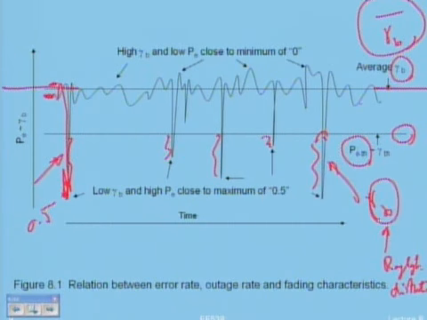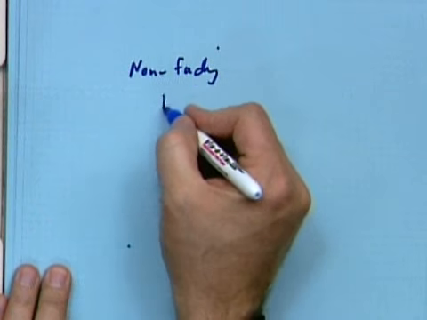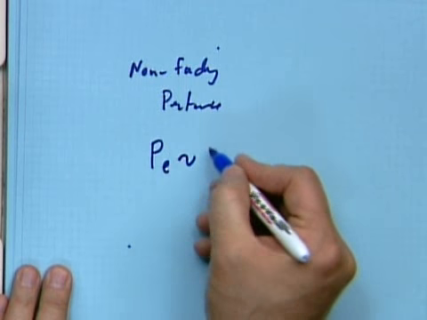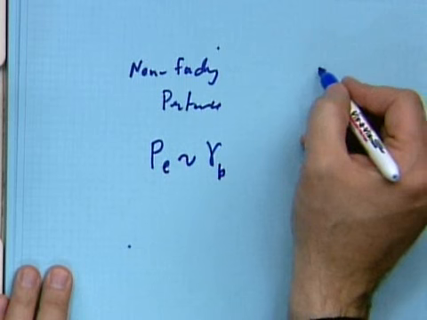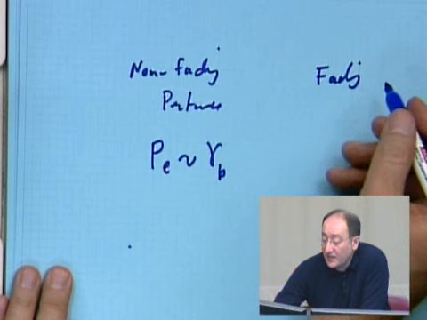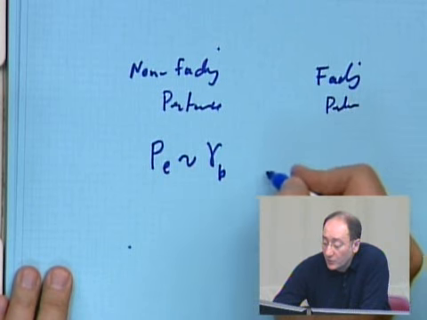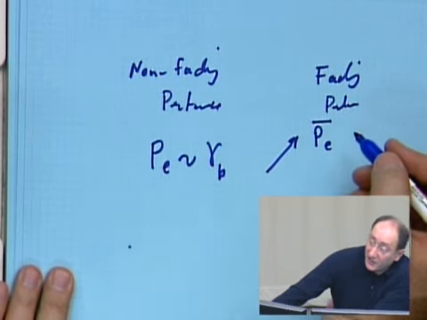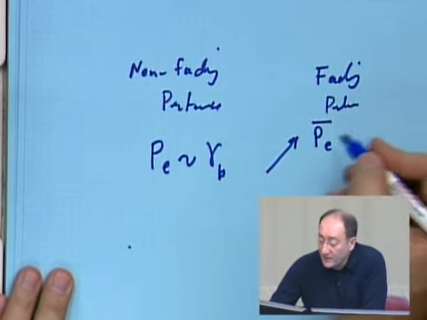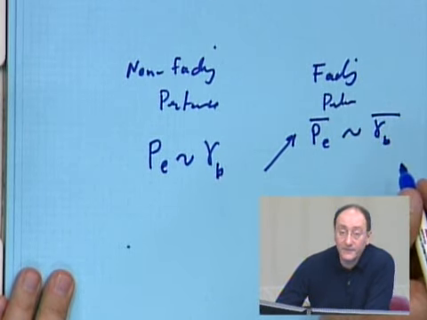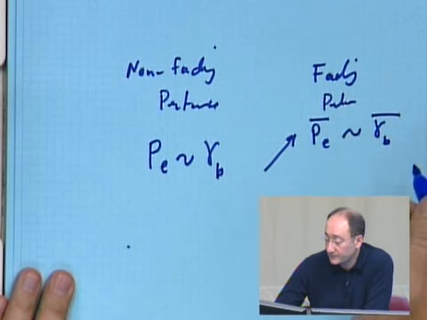So let me just put it in here. In non-fading, my measure of performance was probability of error. This was a function of gamma sub b. When I go to the fading channels, any sort of fading, but the one which is my example is Rayleigh, my performance actually has two measures. One is average probability of error, meaning average error rate over all possible values of gamma sub b, as a function of gamma sub b average, or gamma sub s average.